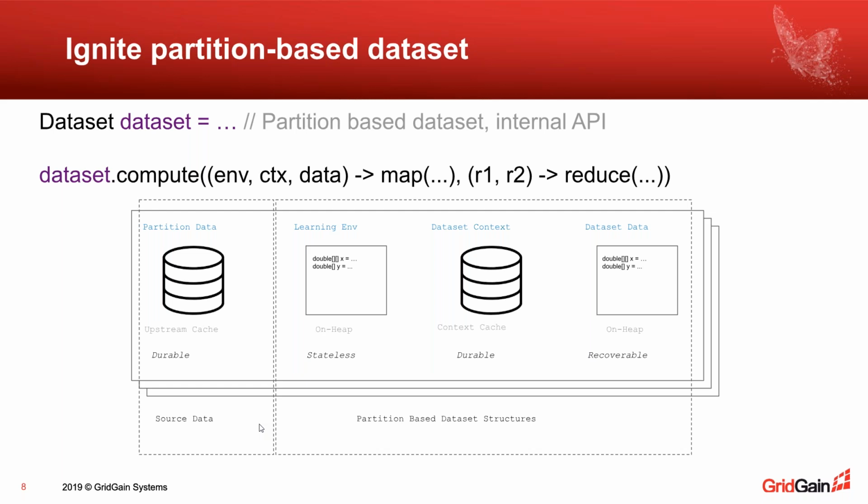It's a dataset context, and the content of this context will be specific for each machine learning algorithm. And using this learning environment and dataset context, we can produce dataset data, which is recoverable and suitable for machine learning training.